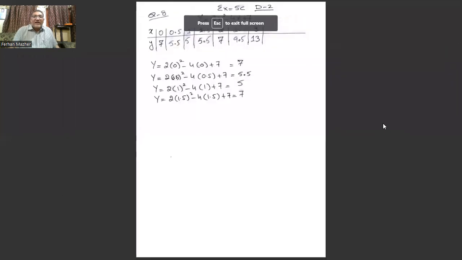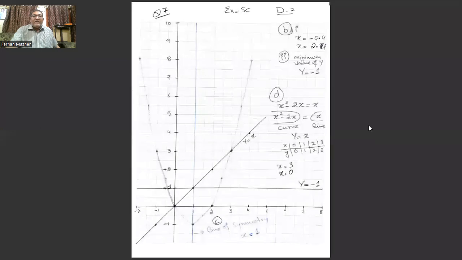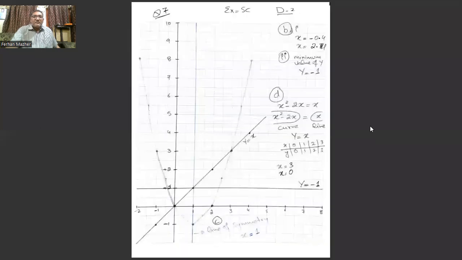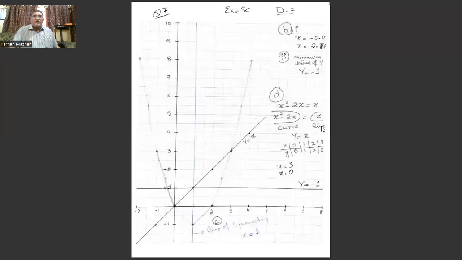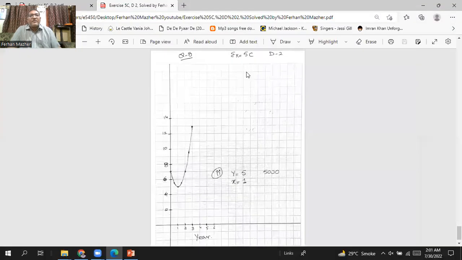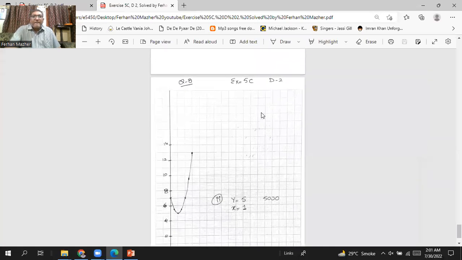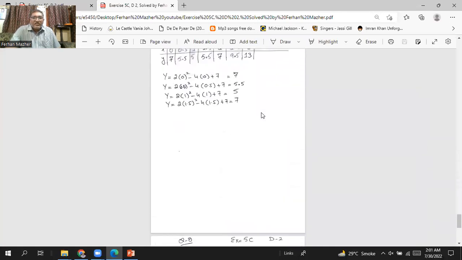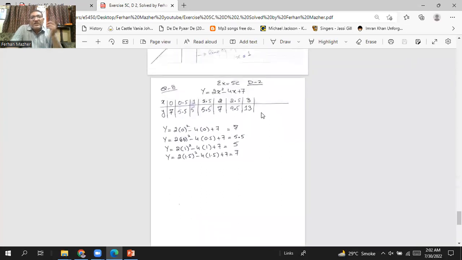So let me show you. At 0, I will put 7. Okay, there's some problem. Let me escape from here. So this is the table. At 0, we'll put the dot of 7.